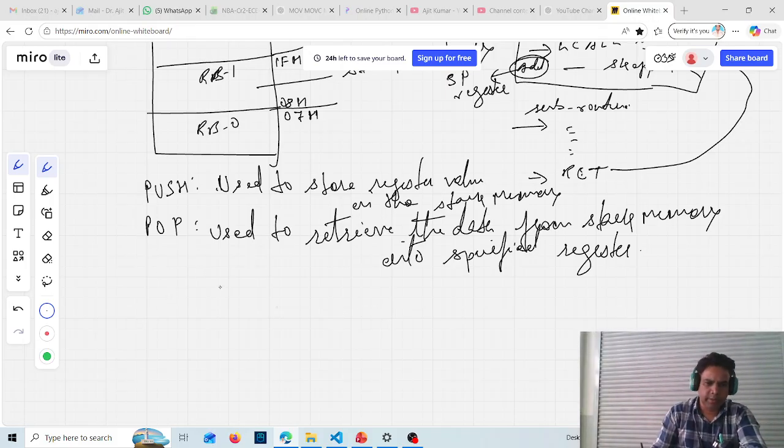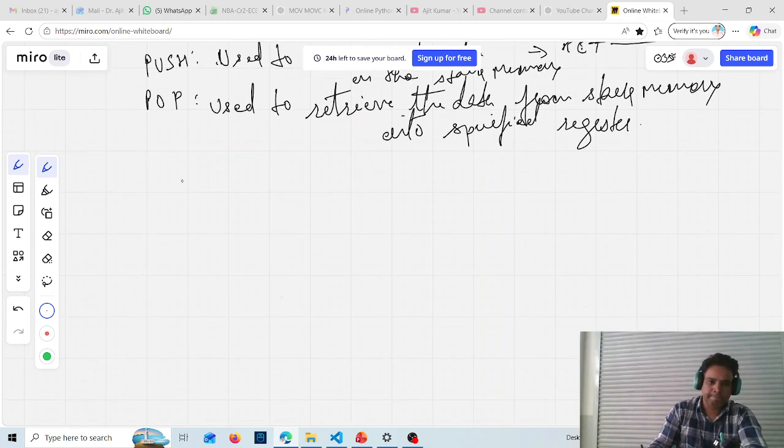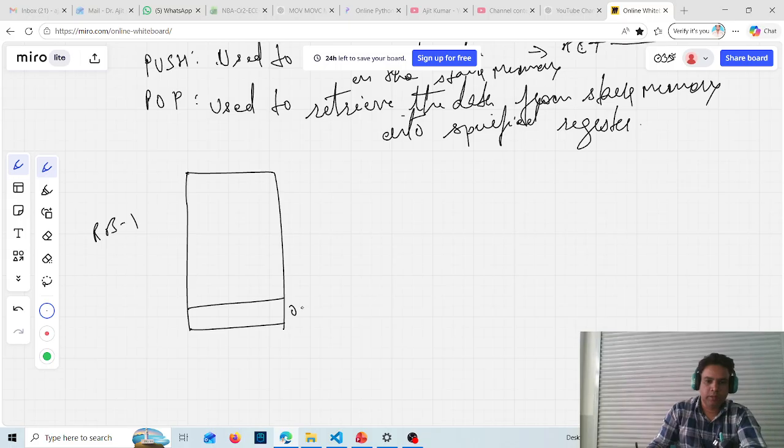About this push pop instruction, let me explain this one right now. Let's finish this one. So what is happening? Let's say this is the register bank. It will start from 08, then 09, 0A, 0B, 0C, 0D, 0E, and the last address 0F.